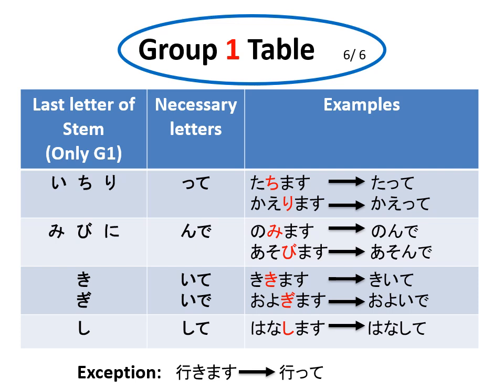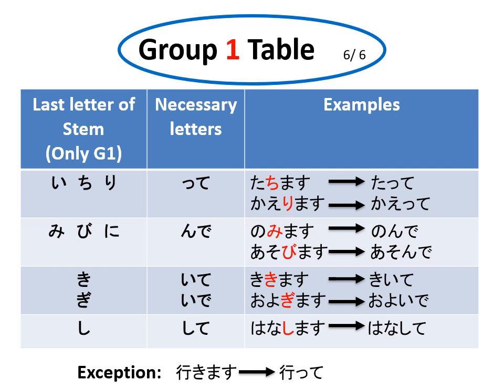Kaerimasu, to return to the original point, or return home if you want to say. Ri is the last letter of the stem, so you get rid of ri from kaeri, the stem. So you've got kae at the moment, and add small tsu and te, and then kaette is the te form of kaerimasu.